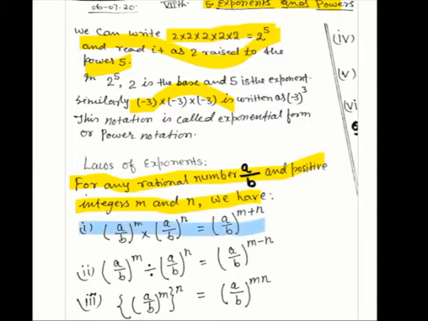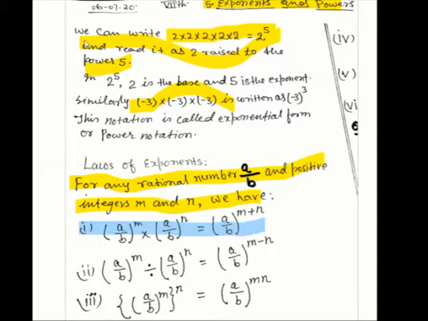if in multiplication the bases are the same and the powers are different, shortly we write it as the same base with the sum of the powers. The first rule is a upon b to the power m into a upon b to the power n.